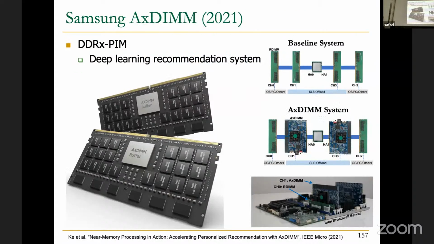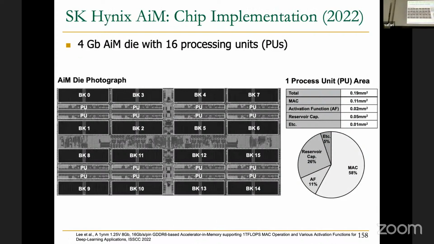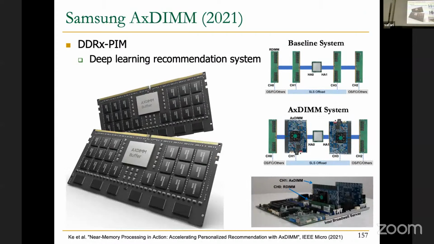There's another version of a different accelerator, also from Samsung. This one here is targeting recommendation systems. It's called AxDIMM. So you have a DIMM here, and each chip of these is a different memory chip. And inside these memory chips, what we have is some really primitive logic to do embedding computation for these recommendation applications.